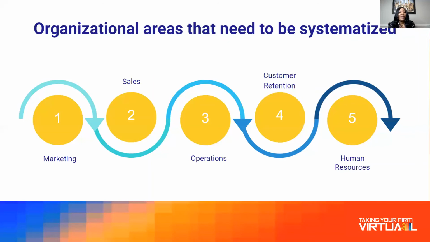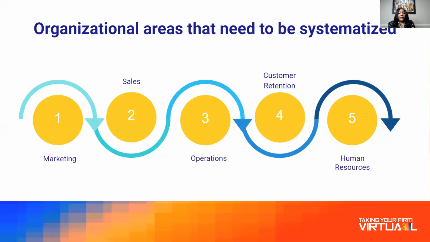So there is a process around recruiting, hiring, and managing your team that you need to make sure you have within your firm, because what you don't want to have happen is that not only is your team not being efficient and your processes aren't there, but you're bringing on the wrong team members. These are team members who don't want to follow the processes for the firm that you built. You know, this is your baby. So you need to make sure that every person that you're bringing on is aligned with your vision and your mission. So there is a process that needs to go with HR as well.